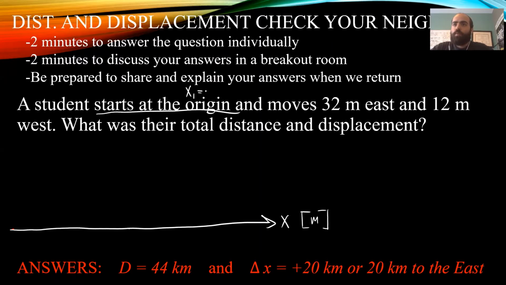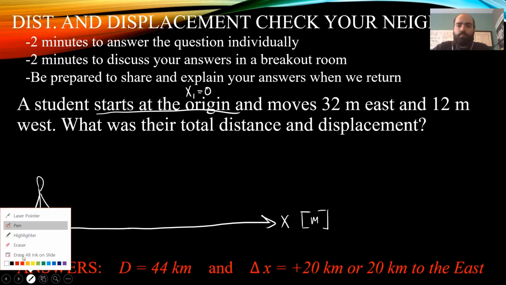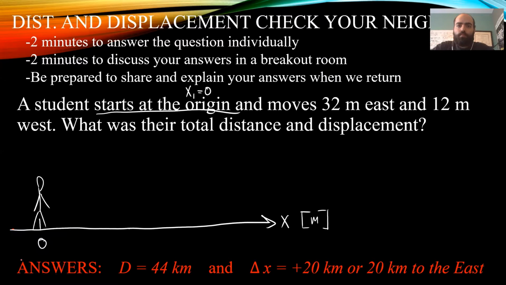It says that the student starts at the origin, so that means that the starting position is at the origin, at 0. So here's my origin, this is where I am starting. This is my start, which would also be referred to as the initial position, and that's at this x coordinate, x equals 0.